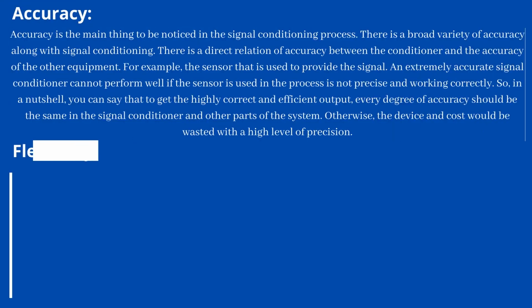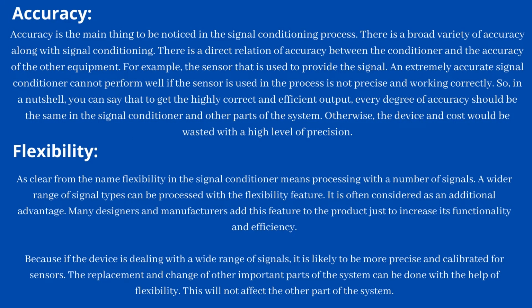Accuracy. Accuracy is the main thing to be noticed in the signal conditioning process. There is a broad variety of accuracy along with signal conditioning. There is a direct relation of accuracy between the conditioner and the accuracy of the other equipment, for example, the sensor that is used to provide the signal.